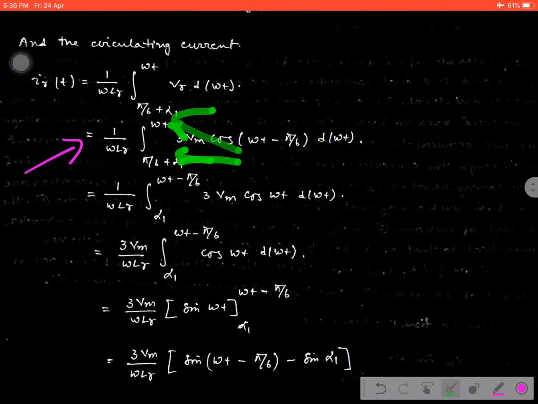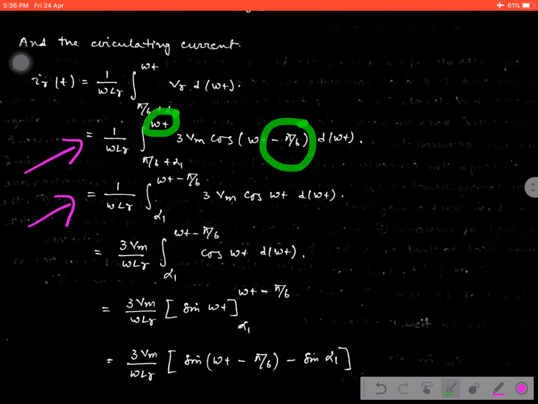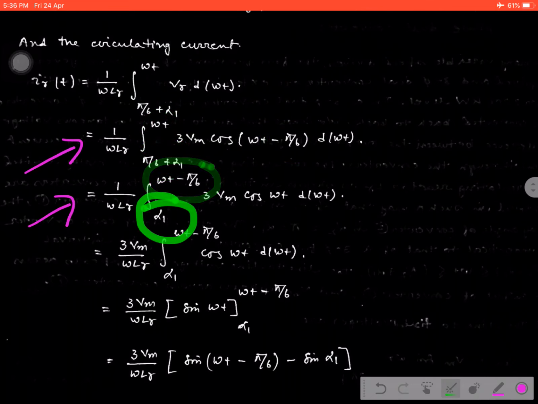What I have done is add this minus pi by 6 to omega t and to pi by 6 plus alpha 1, which gives omega t minus pi by 6 and alpha 1. This is a very simple way to do the further simplification.